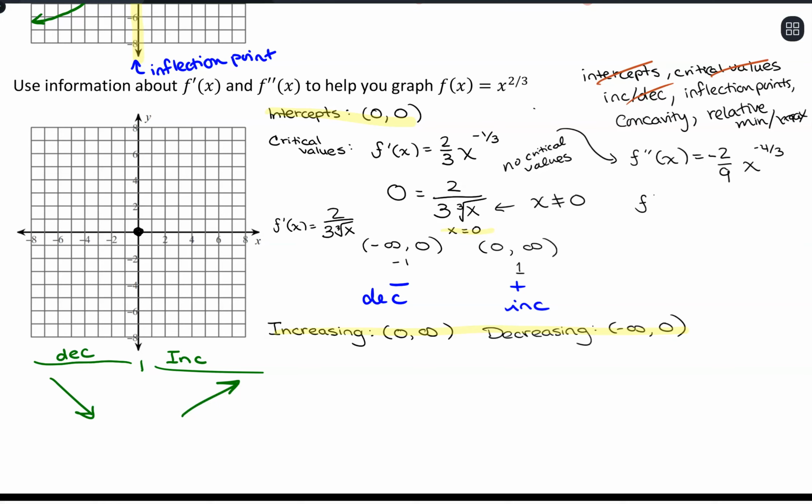So we're basically going to run into the same issue here. Let's see, if we do this, it would be -2 over 9, and then cube root of x to the 4th.